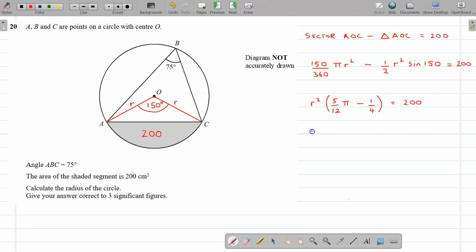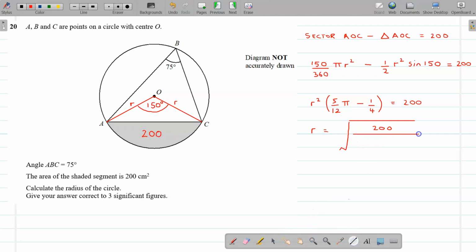So r squared is equal to, well, in fact, I could just go straight now to r, I think. R is equal to the square root of, now, I could make this into a nice, neat algebraic expression, but you have a calculator, and if you use it carefully, there's no reason why you couldn't just go straight into this, but just be very careful to set it up properly. It's going to be 200, okay, divided by this fraction here.